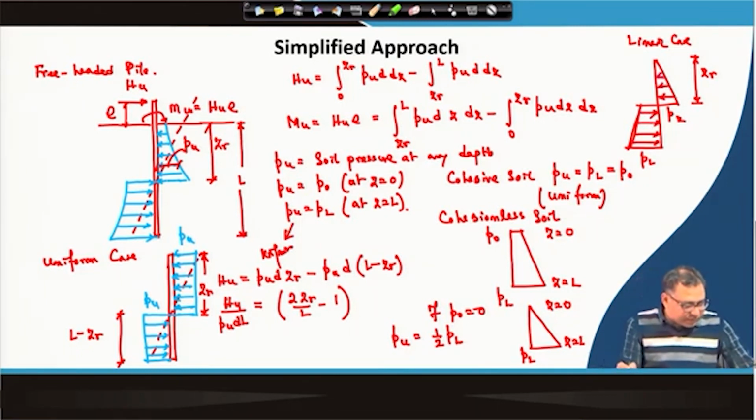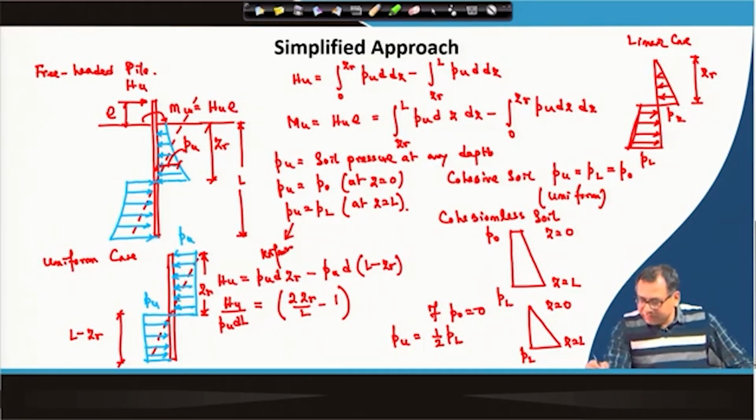For this particular case, we can get the net reaction and that will give me the H U, and to determine Z R we have to take the moment. And those equations are given.